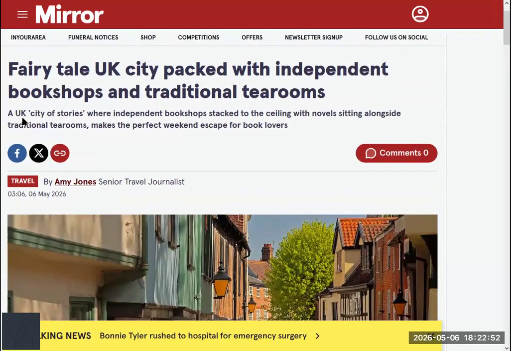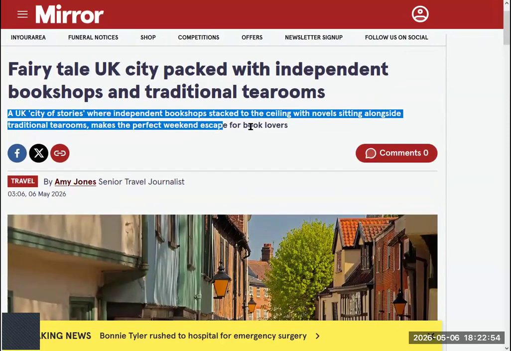And then just below the main title, there's a second sort of description here, and it says, a UK city of stories where independent bookshops stacked to the ceiling with novels sitting alongside traditional tea rooms, making the perfect weekend escape for book lovers.